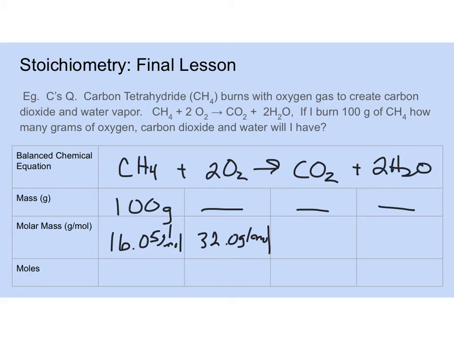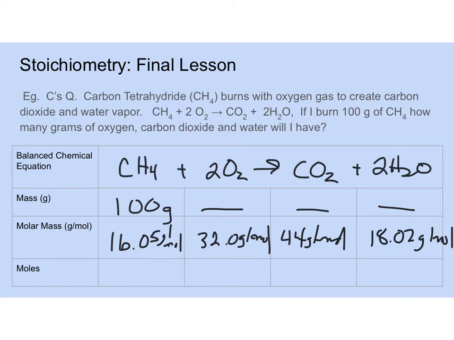CO2, the oxygens are 32 plus the carbon, so 44 grams per mole. And then the water, one that I have memorized, is 18.02 grams per mole. Now I've got these all figured out.